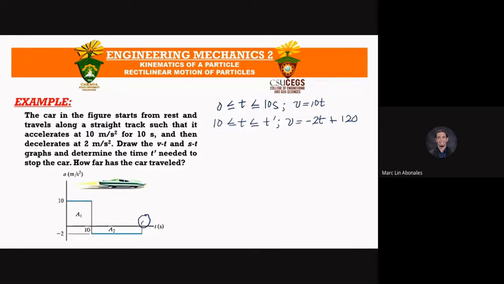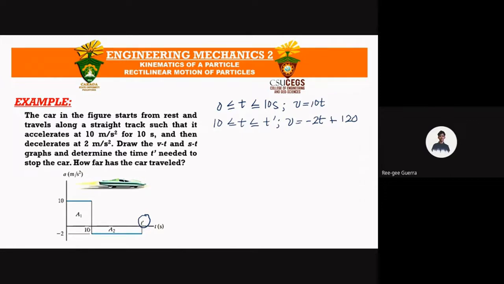So the question is, which of the two expressions will we use to determine t prime? Is it v is equal to 10t or v is equal to negative 2t plus 120? The second, sir, because v is equal to 0.